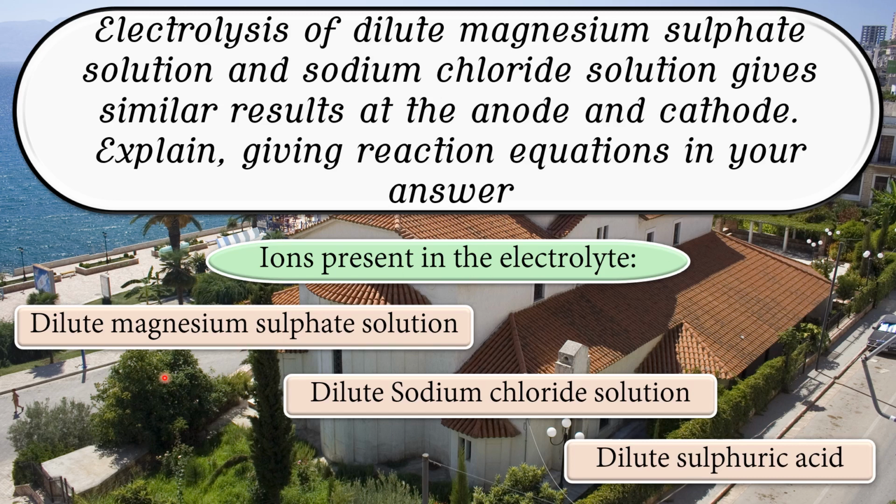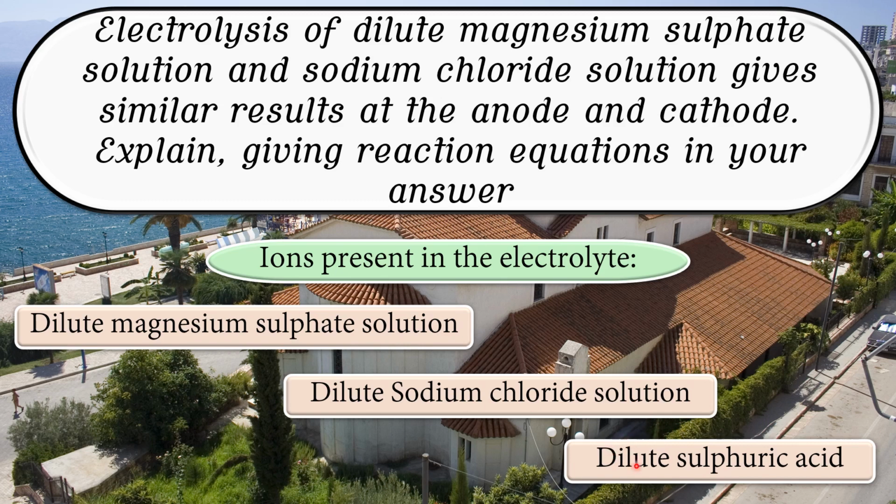So our electrolytes that we are interested in, we have dilute magnesium sulfate solution. We need to find out which ions are present. And then we have dilute sodium chloride solution. Here we also need to find out the electrolytes. This electrolyte, which ions does it give us?